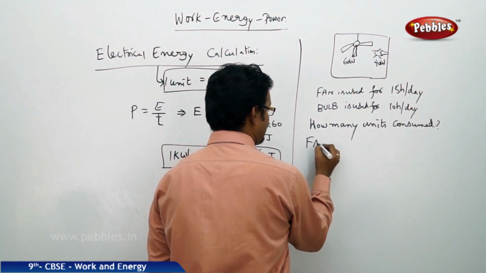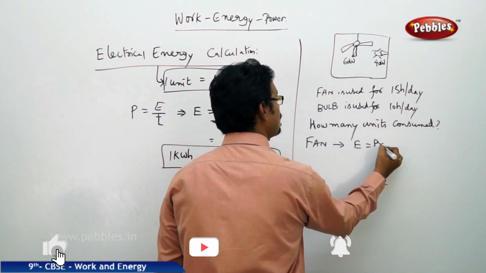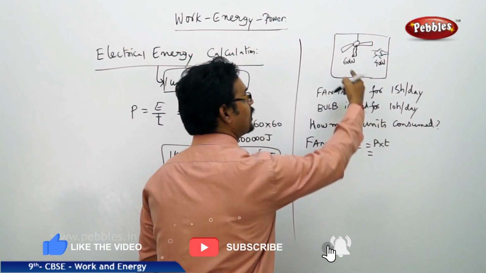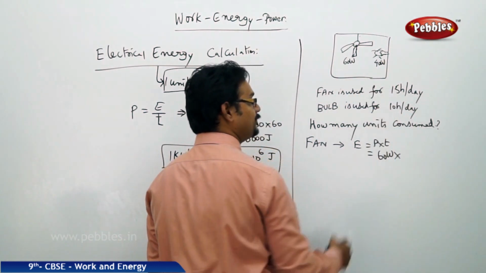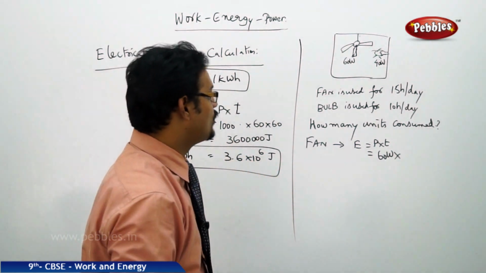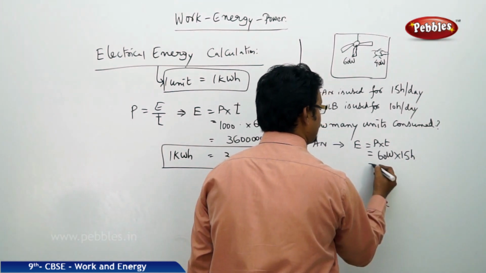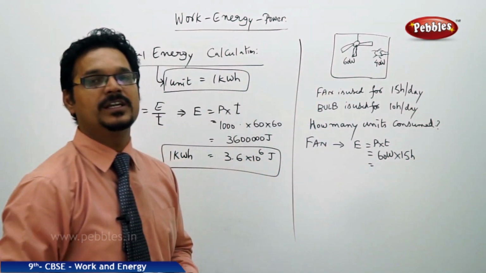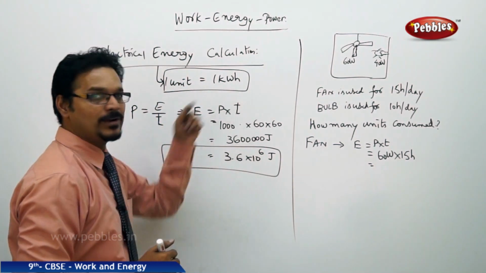So let me calculate. For the fan, energy equals power into time, and the power of the fan is 60 watts, and time is 15 hours. Now we play a little mathematical trick, because we know that 1 unit is a kilowatt hour.